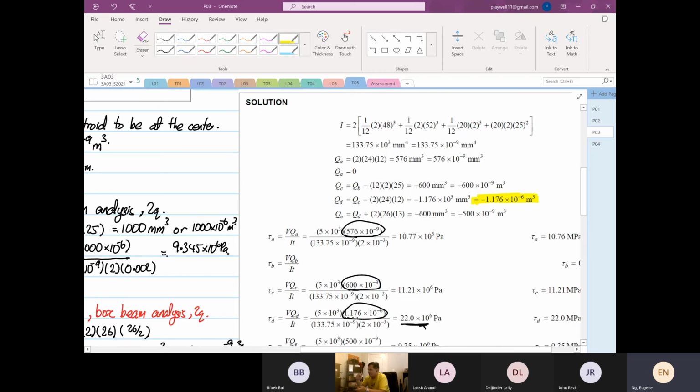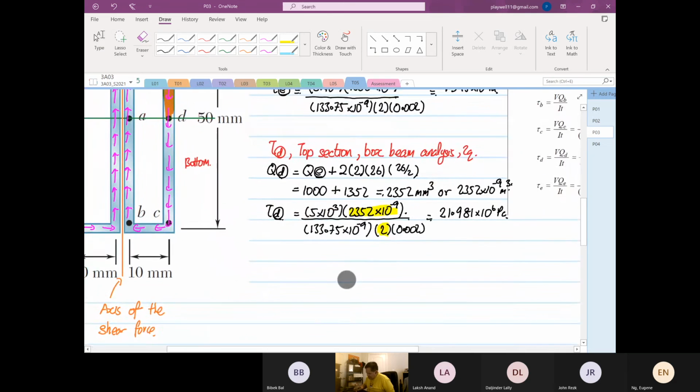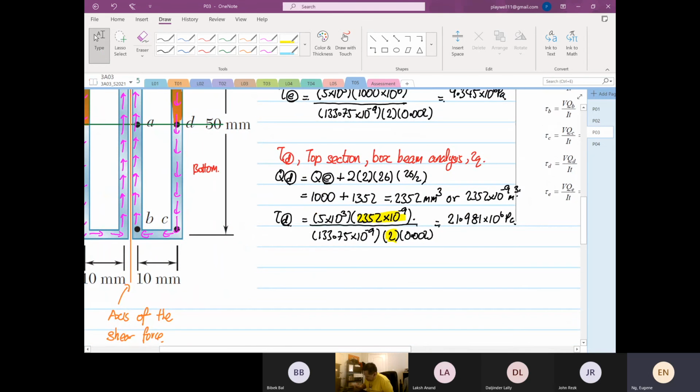Like I told you guys, do how I teach you and you'll be fine. Now, that is from the top. What if now we look at stress at point D and then we look at the bottom section.